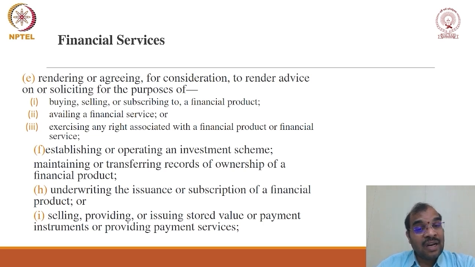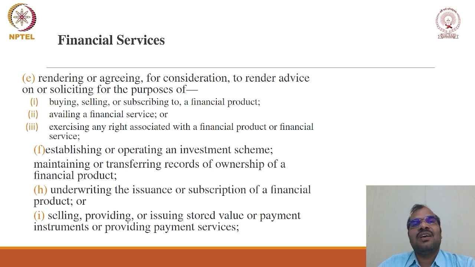Then underwriting the issuance or subscription of a financial product. Suppose you are going for an initial public offer, or a further public offer, FPO or IPO, generally the company will go for underwriters. What is the meaning of underwriters?